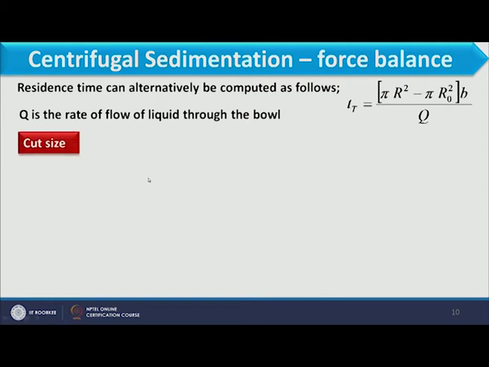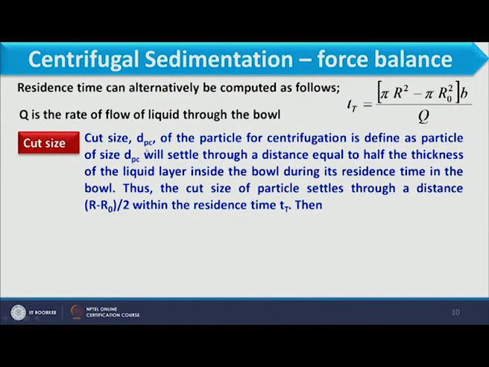And here we have to define one very important parameter, that is called the cut size. The cut size, which we denote as dpc, of the particle for centrifugation is defined as: the particle of size dpc will settle through a distance equal to half the thickness of the liquid layer inside the bowl during its residence time in the bowl.